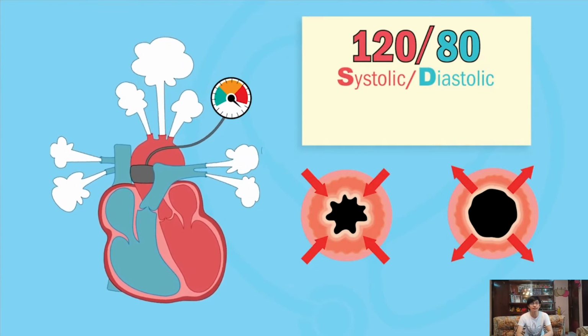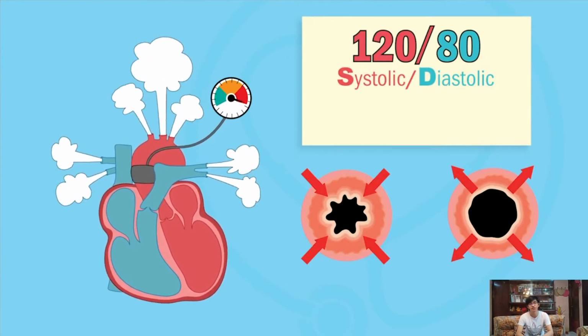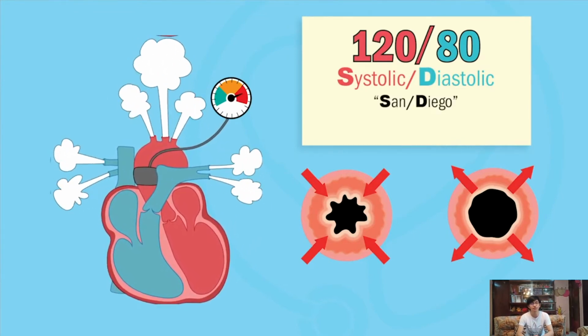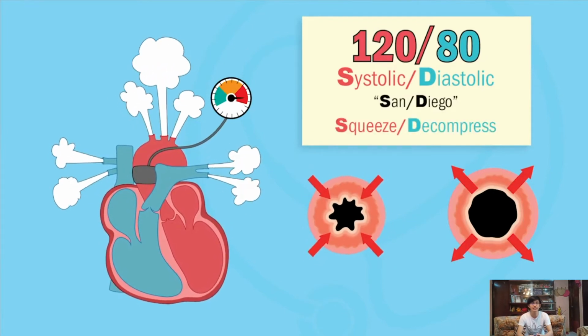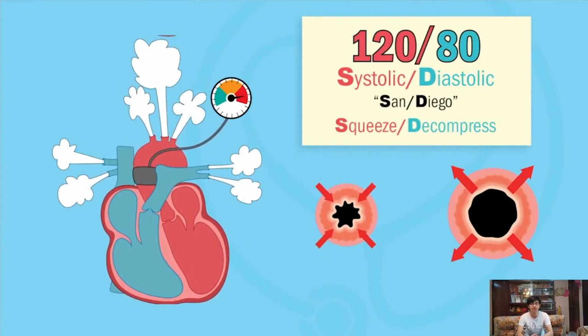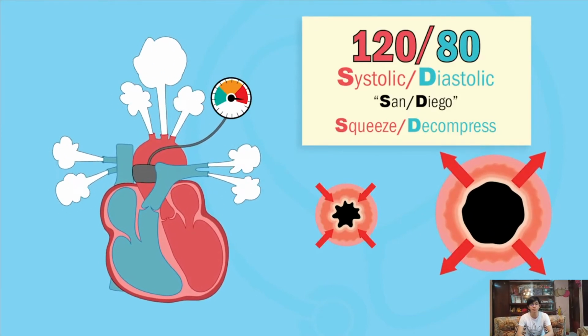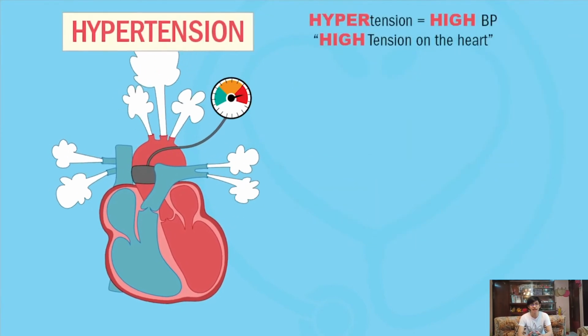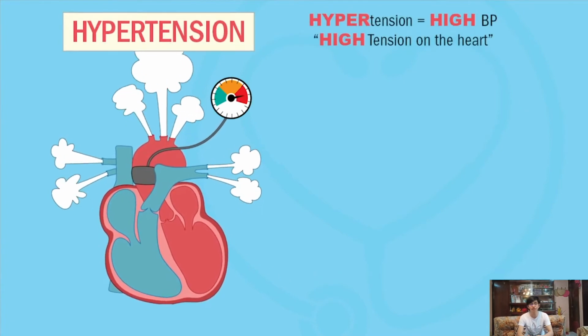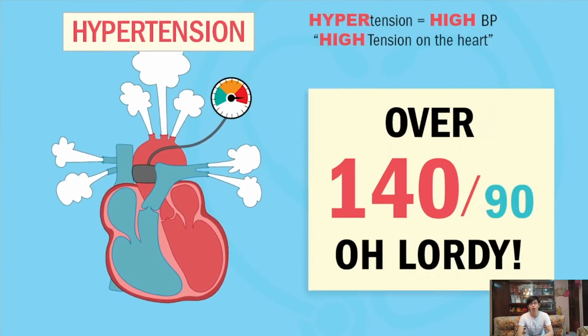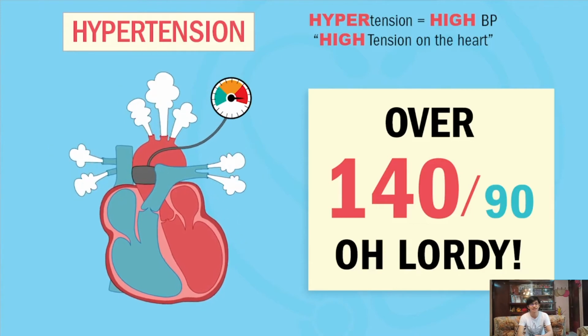Systolic is on top and diastolic is on the bottom. Just remember San Diego. Systolic is the squeeze of the blood vessels and diastolic is the decompress of the blood vessels. So just remember, in hypertension, anything over 140 over 90, the heart says, "Oh lordy."